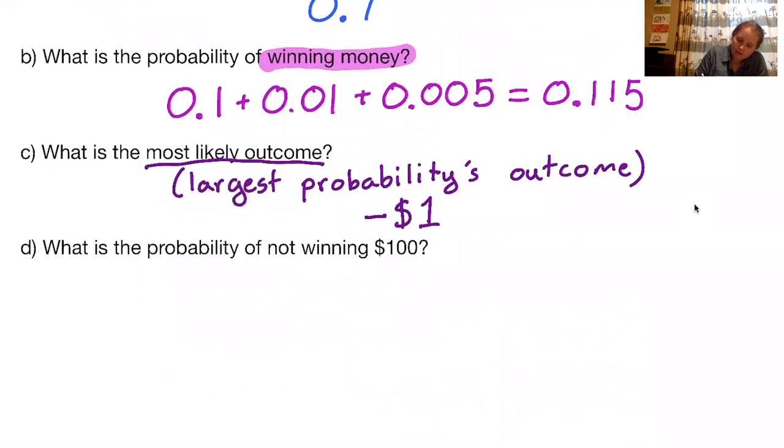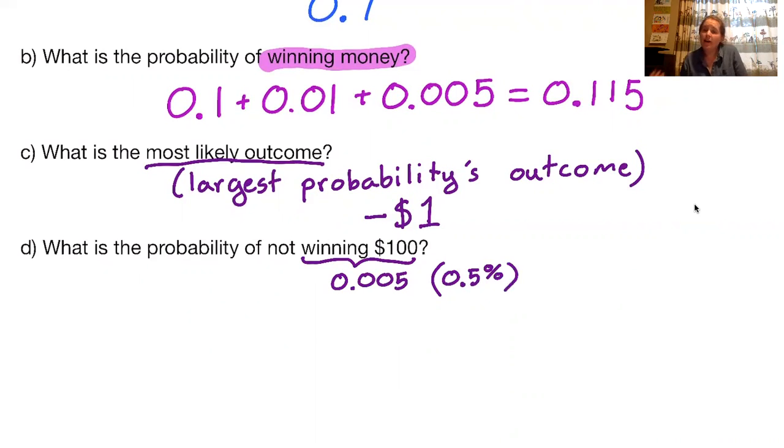So winning $100 is 0.005, or in terms of percent, 0.5%. So if there's a 0.5% chance you win $100, then the remaining percent is the chance we don't win $100.